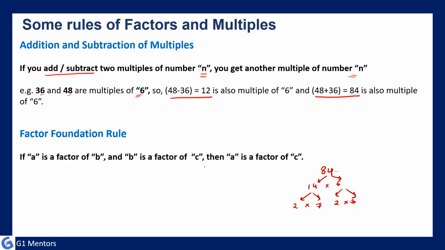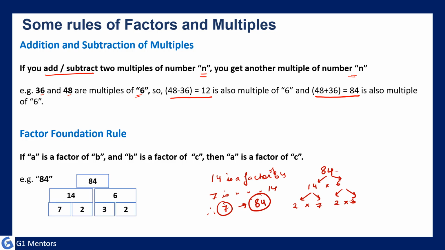So what this rule says is that 14 is a factor of 84, and 7 is a factor of 14, hence 7 is automatically a factor of 84.